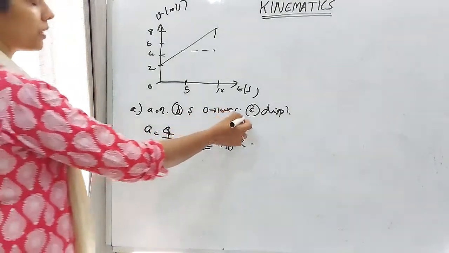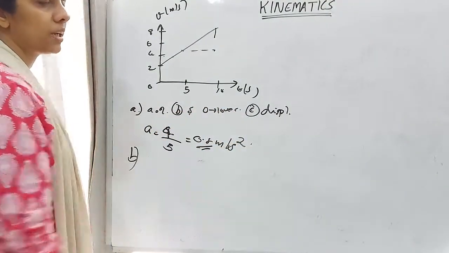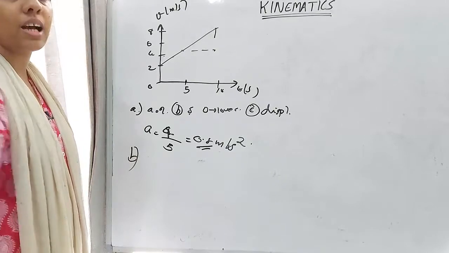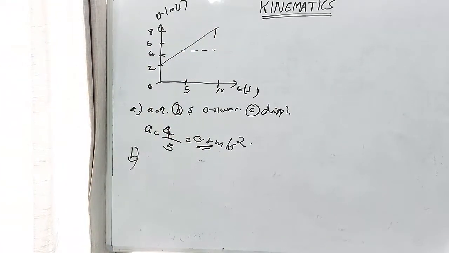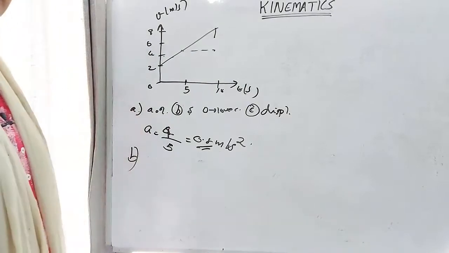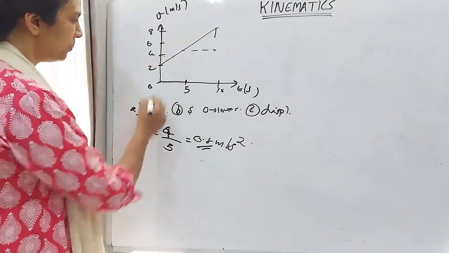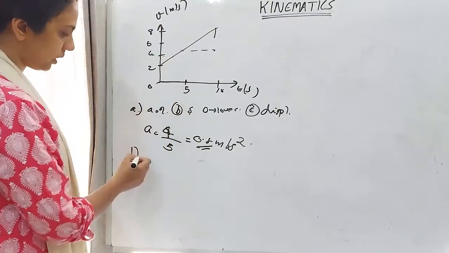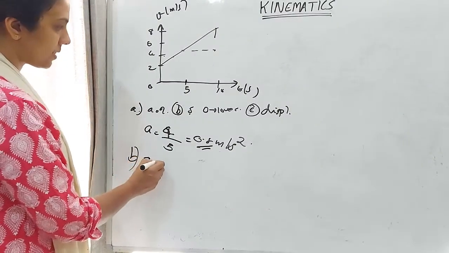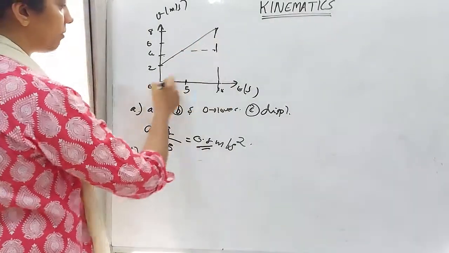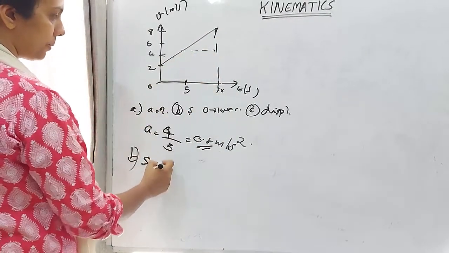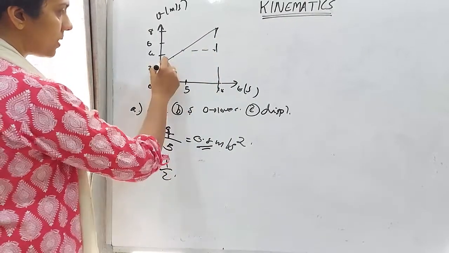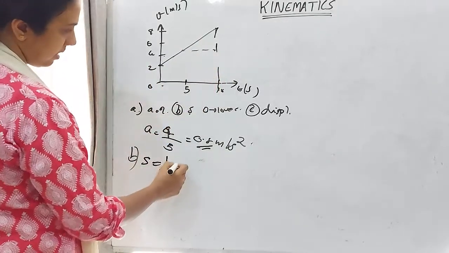Then displacement from 0 to 10 seconds. Displacement, how can we find out? Or only distance covered is asked. Since it is under uniform acceleration, we know that the distance and displacement will be the same. How can you find out displacement? S is equal to area under the graph. Area under the graph, here you can consider it as a trapezium, half into sum of the parallel sides.